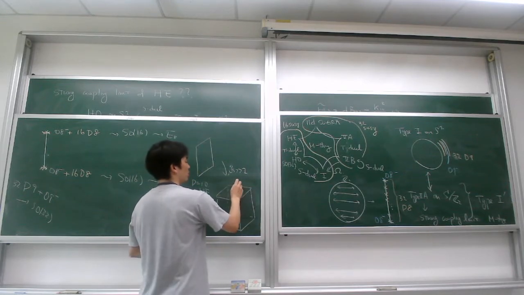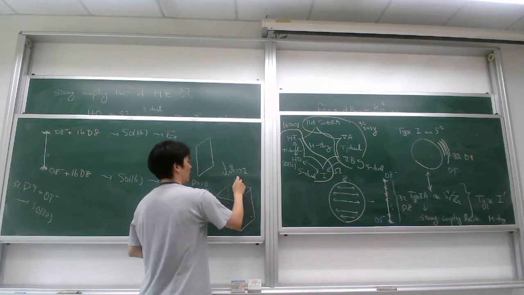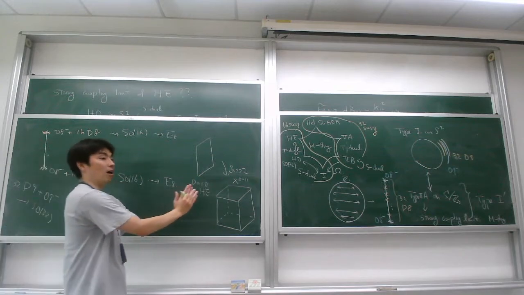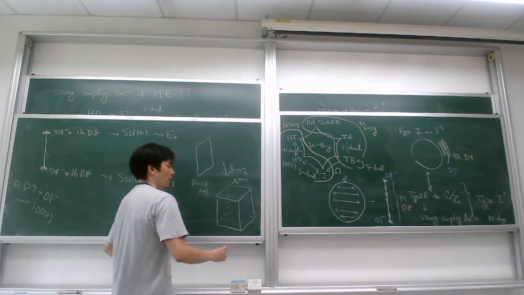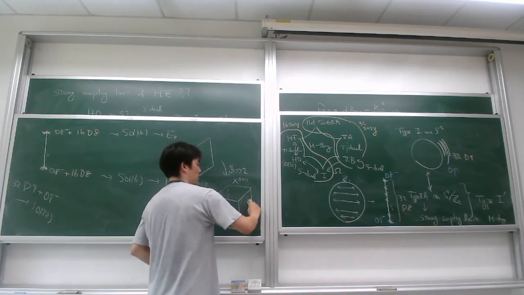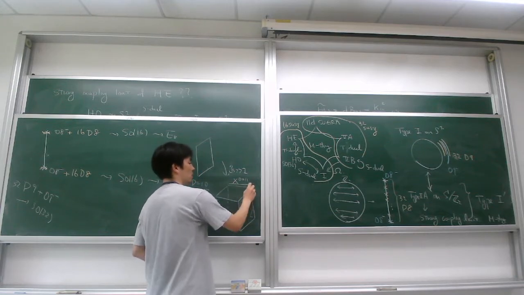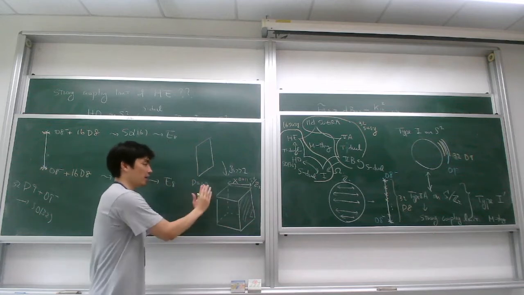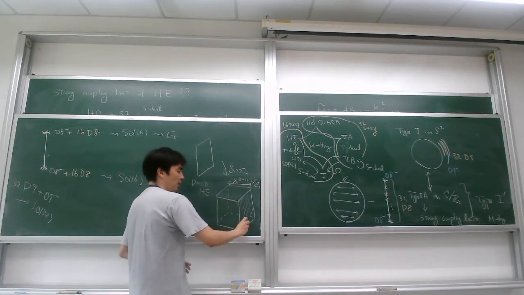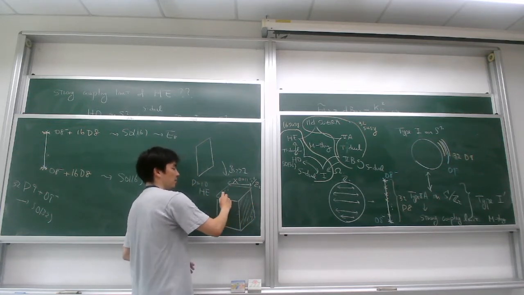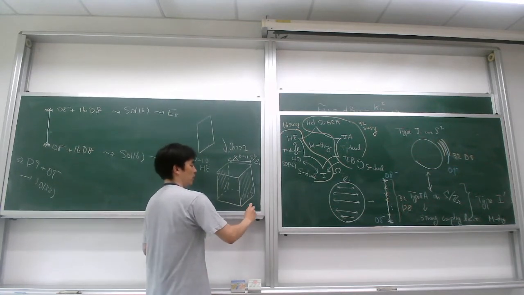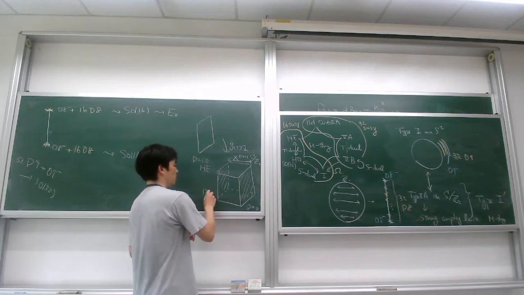So this 11-dimensional, D equal to 11, will somehow emerge, and this is indeed S1 mod Z2. So another direction will show up, and at the end of this segment, you have a 10-dimensional space, D equal to 10 and D equal to 10.